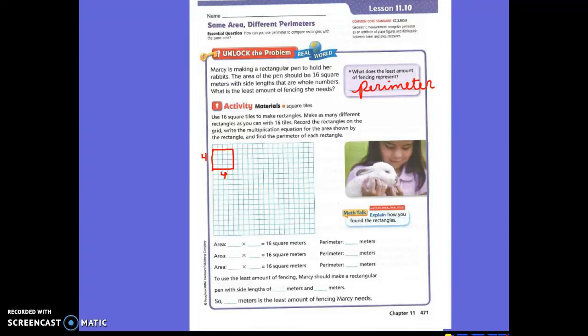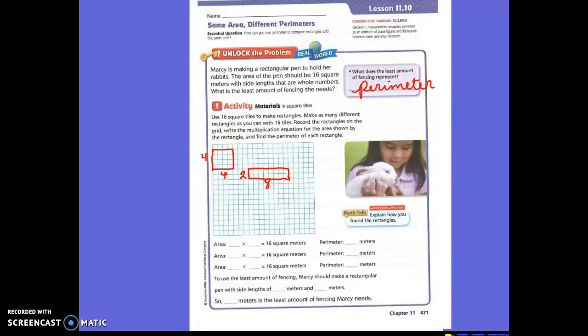2 down and 8 across. Okay, 2 down and 8 across, because 2 times 8 is 16. Okay.